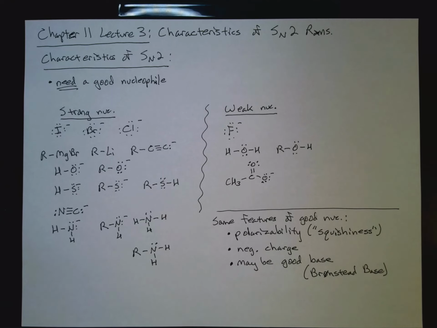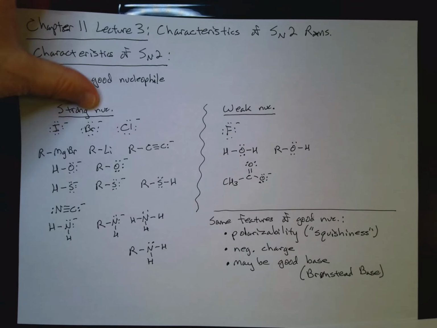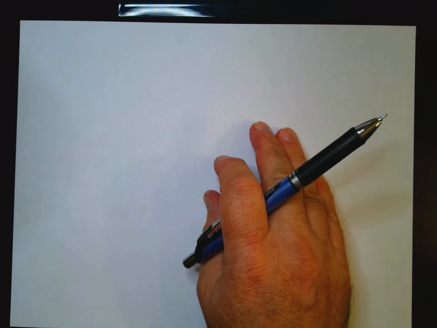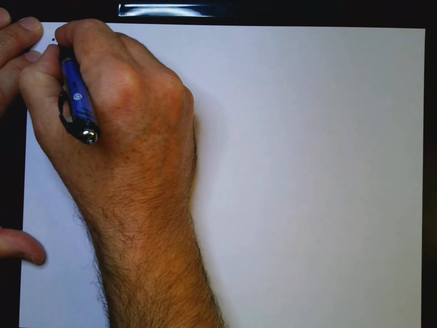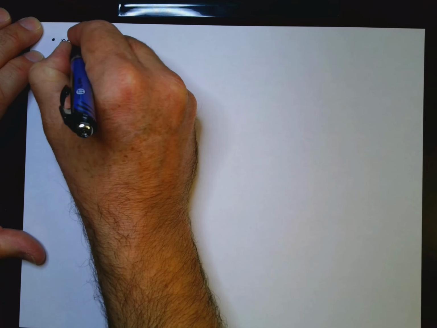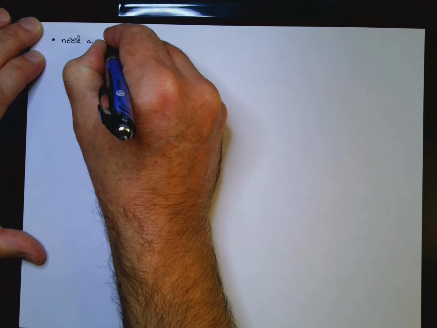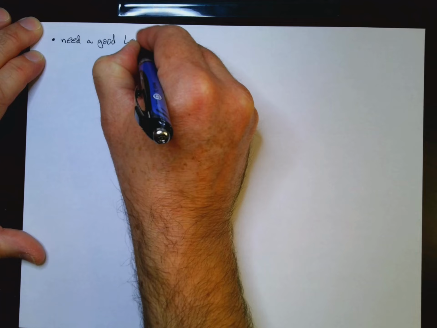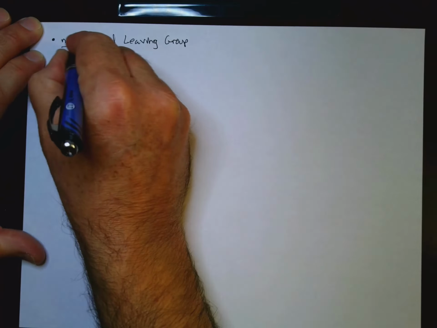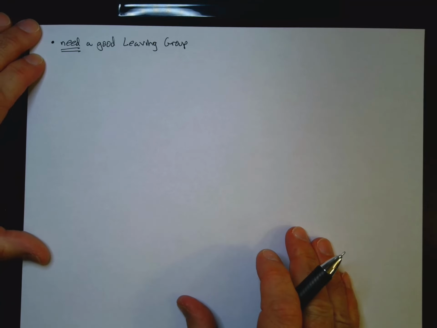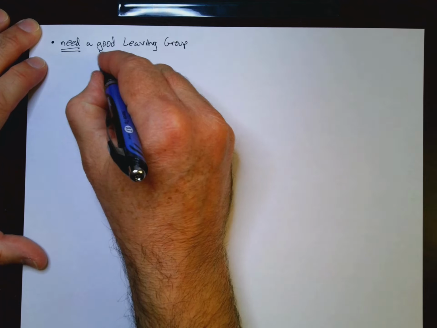Okay, let's see here. I think I'll do a few of the characteristics in one video. So what else do we need? We need a leaving group. Okay, and what is a good leaving group?